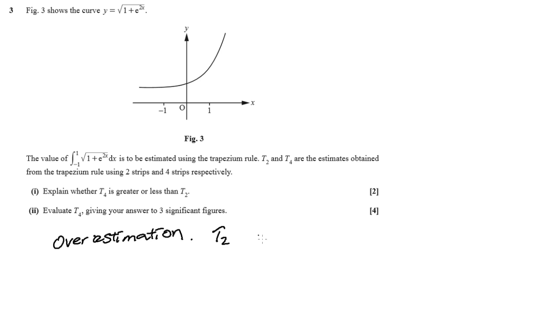So T2 is further away than T4 from the true value.